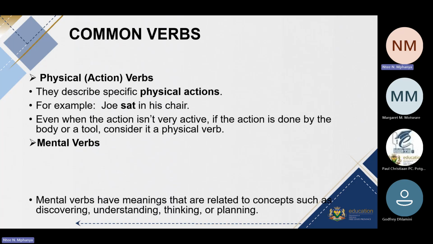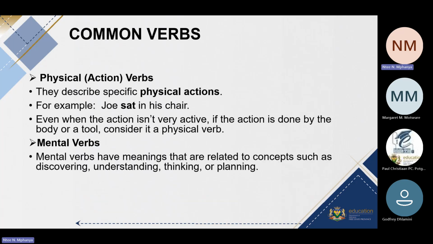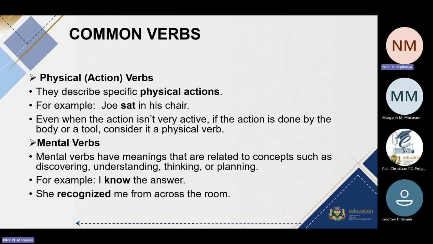Then we have mental verbs, those which are abstract. Their meanings are related to concepts such as discovering, understanding, thinking, or planning. For example, I know the answer. She recognized me from across the room. It's a concept, recognition.